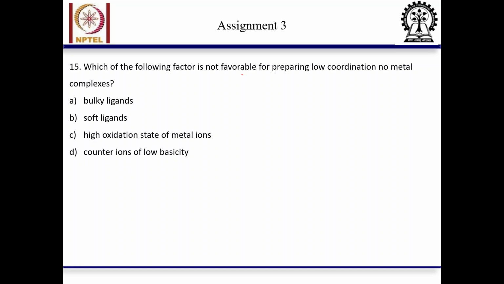I think in the very first lecture the professor has told, yeah, the high oxidation state of the metal, because it has very high polarizing power. So it will not allow more organic ligands to come closer. The correct option is two. Yeah, correct.